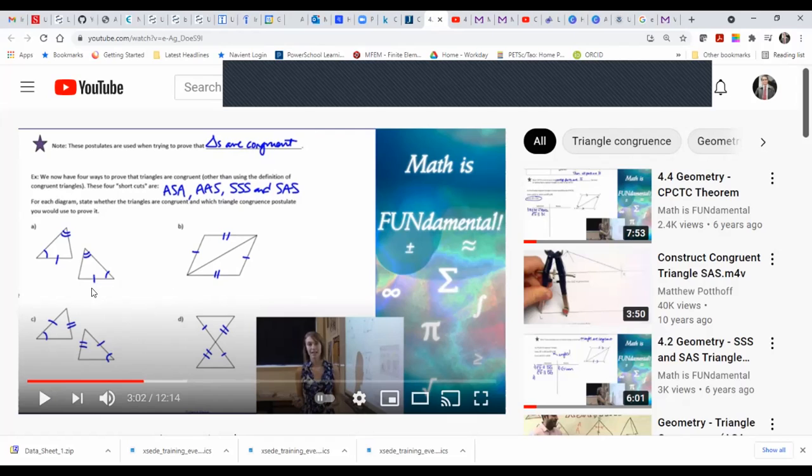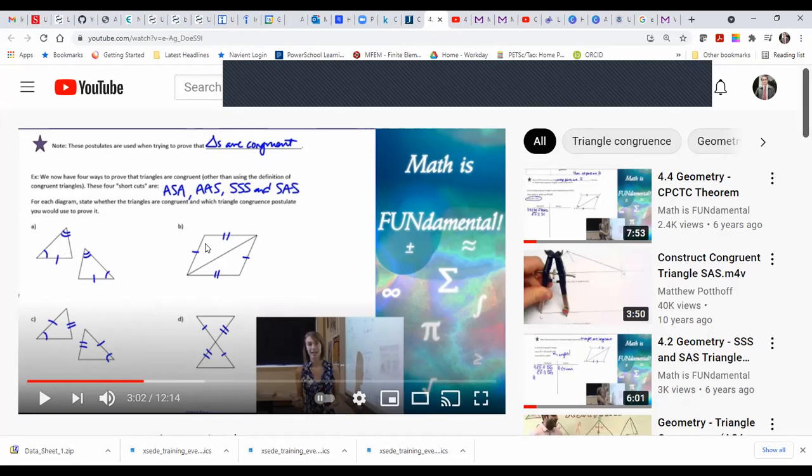Yeah, I think it's clear from here, right? So all of these triangles are congruent. Okay? I think this one is congruent because this one will be congruent, right? Because of the same side. So for this one also congruent.